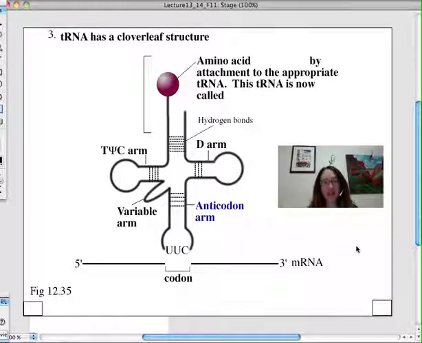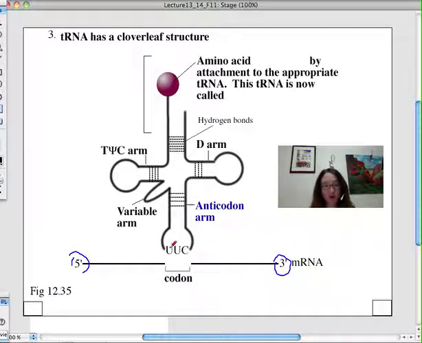So that being said, we could actually look at this anticodon and realize that it runs antiparallel to the codon that it will recognize. So we can quickly jot down the termini on this particular anticodon because we know that the codon has a 5' end over here, right, and the 3' end over here.